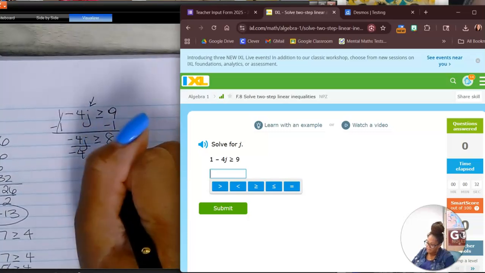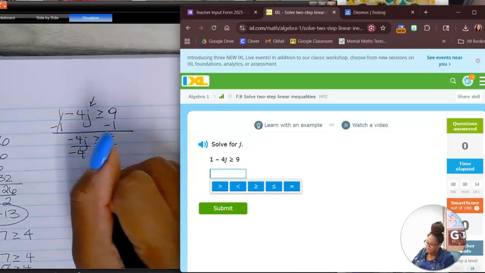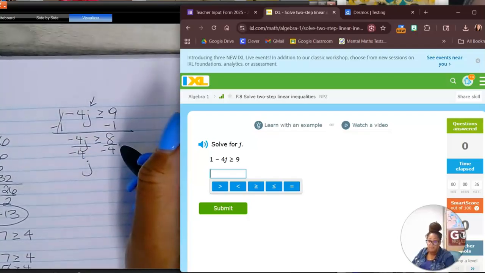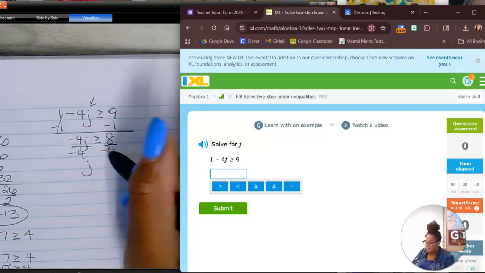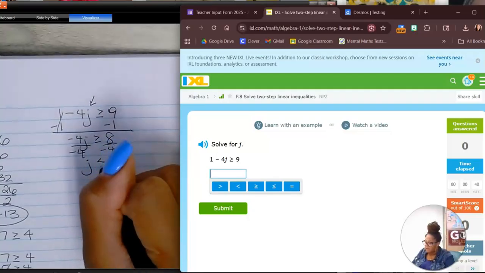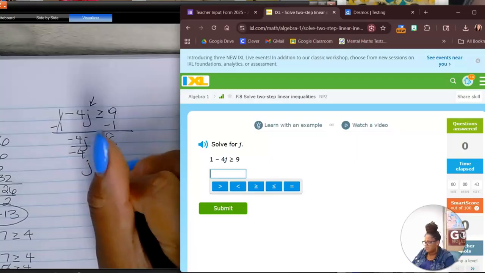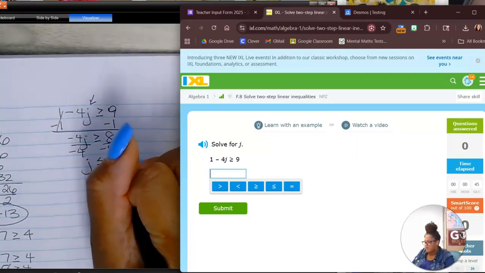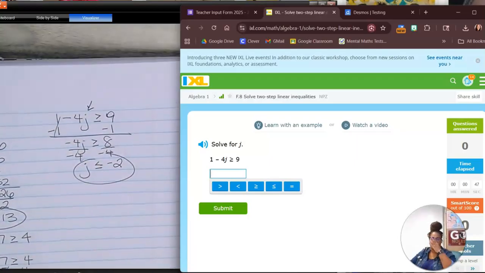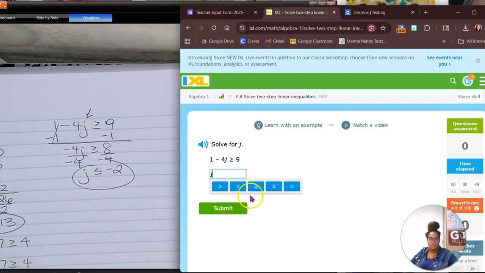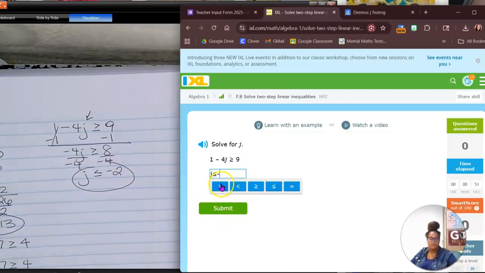Divide by negative 4, j, whenever I divide by a negative number or multiply by a negative number, my inequality symbol will flip, that is less than or equal to negative 2. J less than or equal to negative 2.